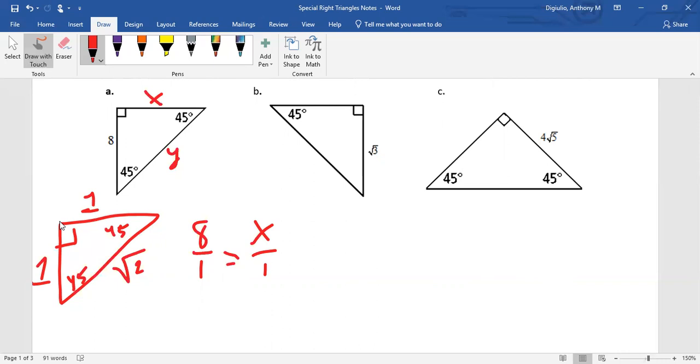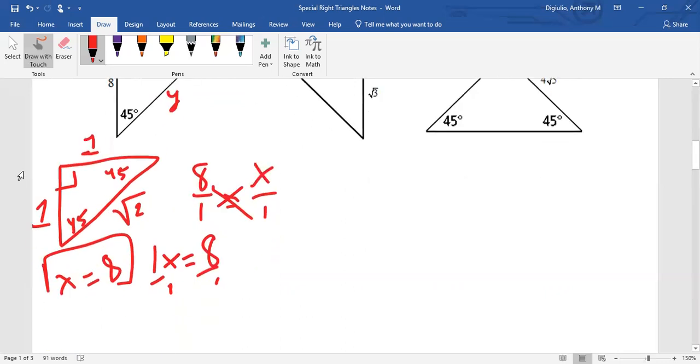Since they both have the same thing in the denominator, the numerator should be the same. But let's double check it. Once I have this set up, I can cross multiply. I get 1x equals 8. I don't even need to have that 1x. I know sometimes people do that and then divide by 1. You don't necessarily need that, but we end up getting that x equals 8.